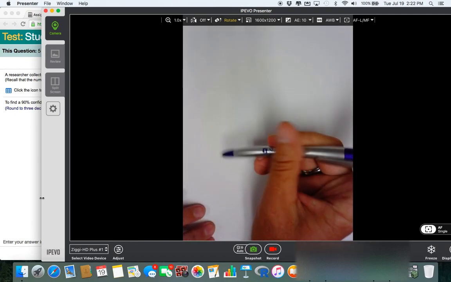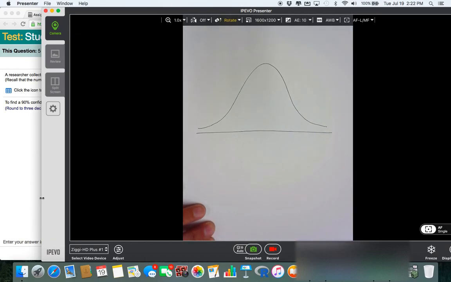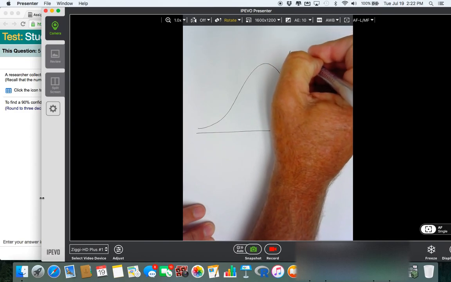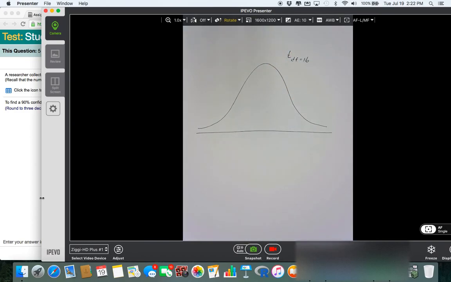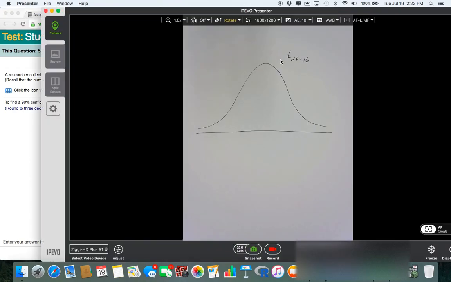So what we've got is a distribution that looks like a normal distribution. But in this case, we have a distribution that has degrees of freedom equal to 16, because again, our sample size was 17. So our degrees of freedom, which defines the t distribution that we're using, is just n minus 1. So we're dealing with the t distribution, degrees of freedom 16.